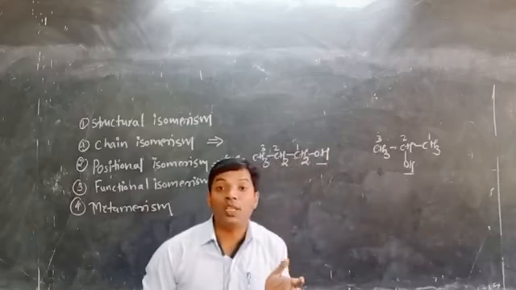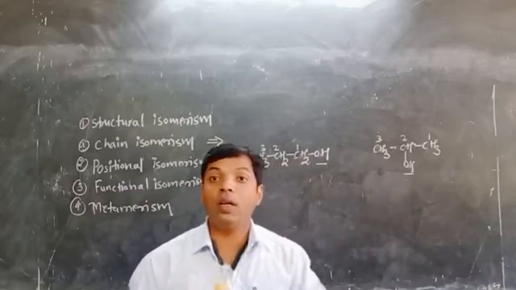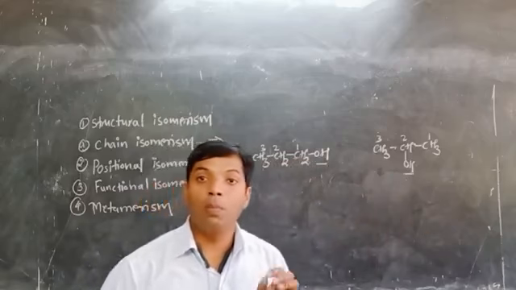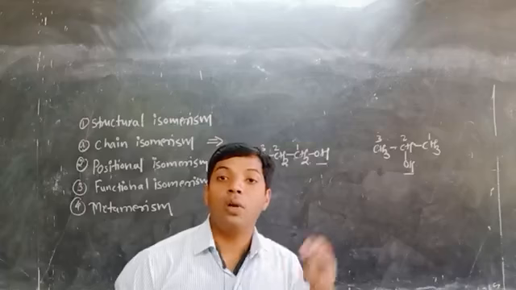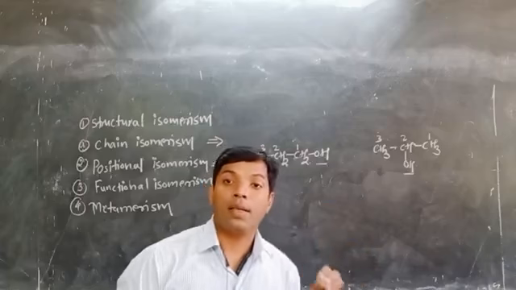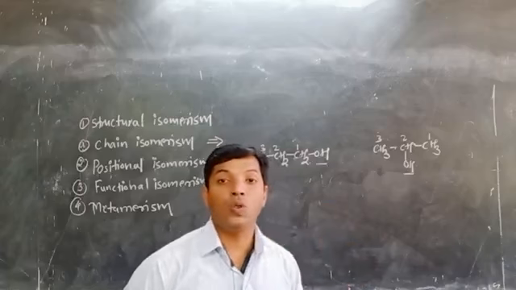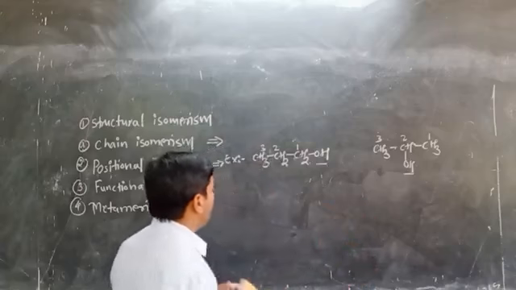The position is changed. But if you count the number of hydrogen atoms, carbon atoms and oxygen atoms, both examples remain the same. It's called positional isomerism.